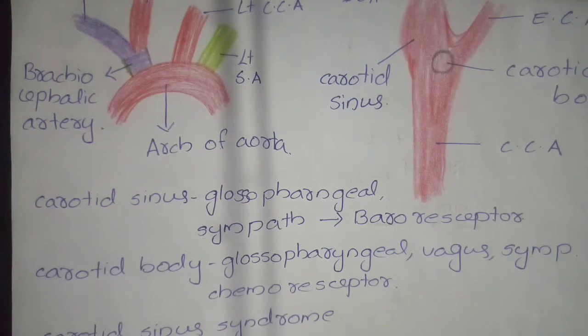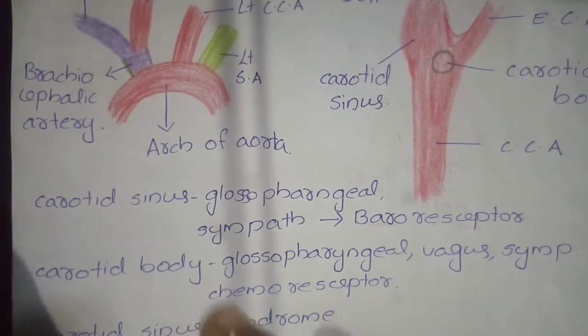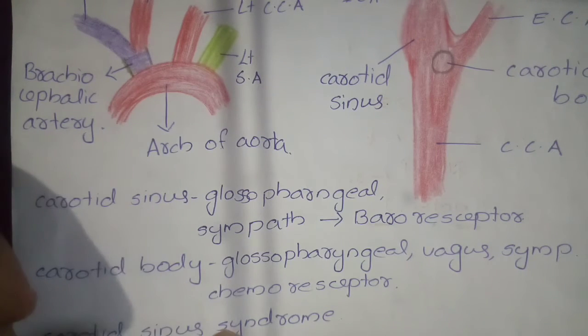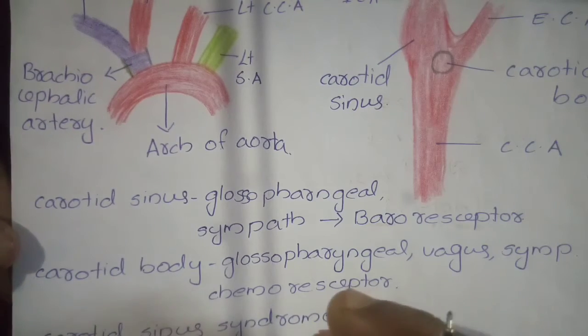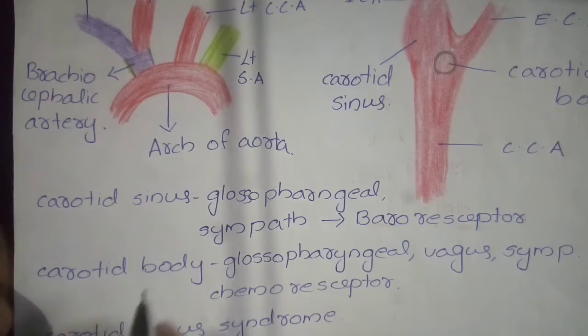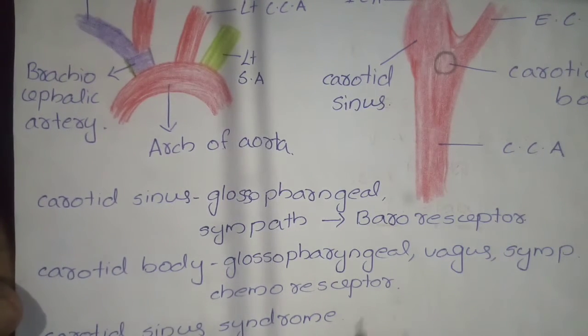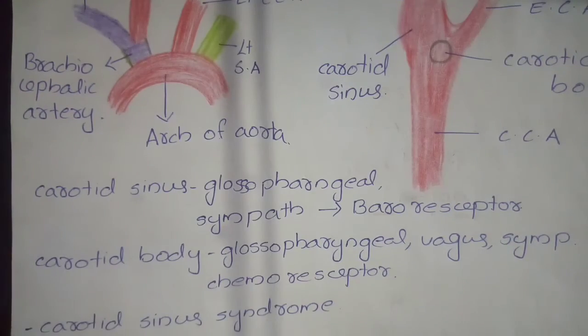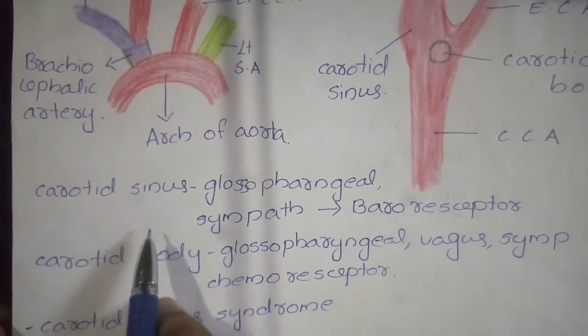Its speciality is chemoreceptors, which respond to changes in the oxygen, carbon dioxide and pH content of the blood and in turn take the necessary measures against it. So the carotid body can adjust the pH, carbon dioxide and oxygen content of the body. All these are the specialities of the carotid sinus and carotid body.